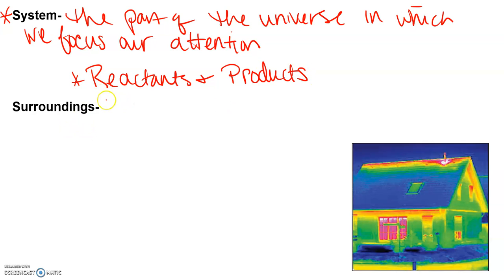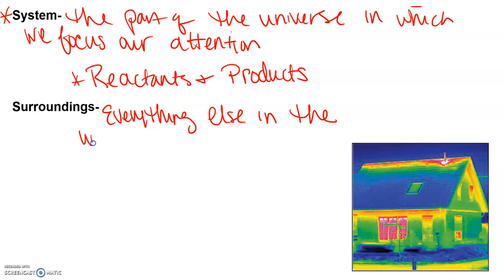Everything else is going to be part of the surroundings. Remember that chemists care about the system. Chemists do not care about the surroundings. If you're taking a POE class or some other engineering class, remember engineers care about the surroundings, whereas chemists care about the system. So everything, unless otherwise specified in this class, is going to be referring to the system. If it's talking about the surroundings, it will specifically say surroundings.